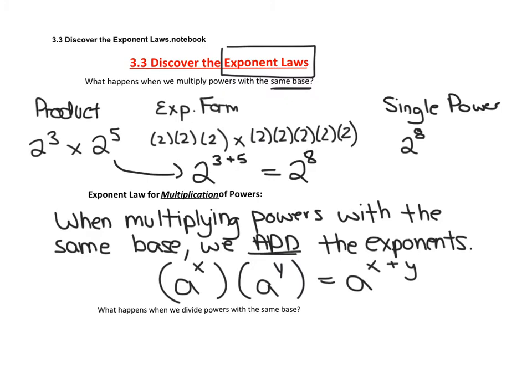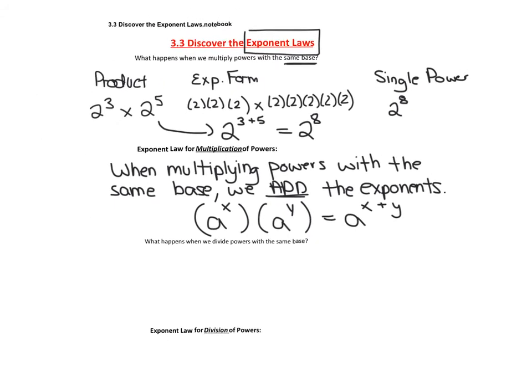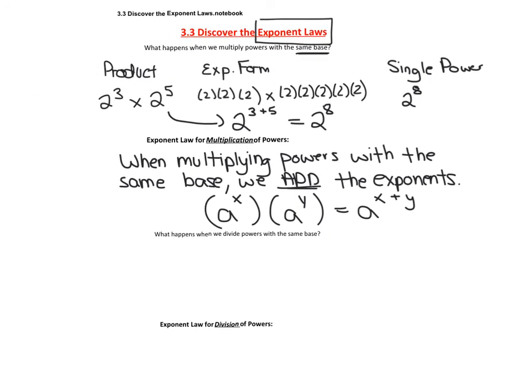So remember, multiplication happens for the bases, but the exponents will add. That kind of mind-blows some people, but that's the law. Is there any question about the first exponent law? This is our first one. Not too bad, right? Okay.